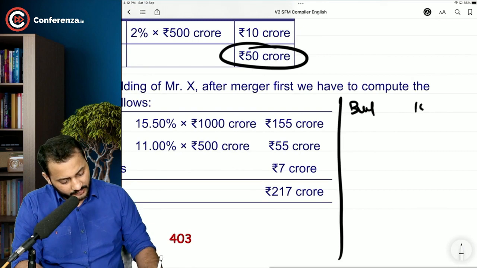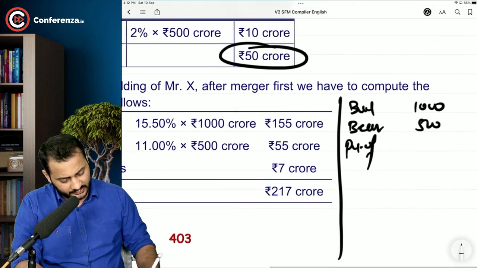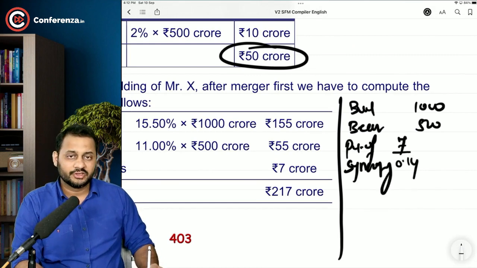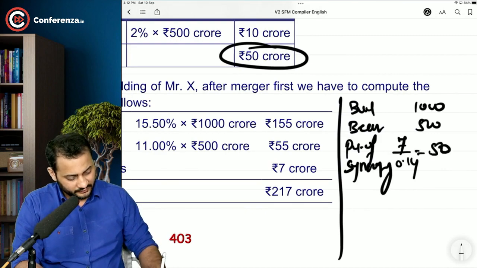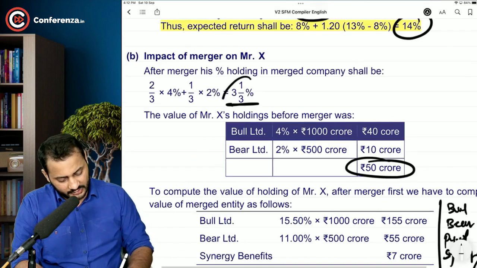You write down Bull Limited 1000, Bear Limited 500, it's already given, and present value of synergy benefits, which will be 7 divided by the post merger cost of equity, that's 50. So total is 1550.